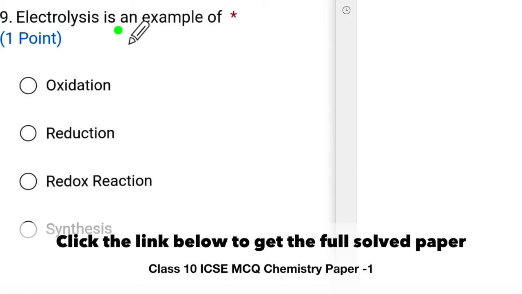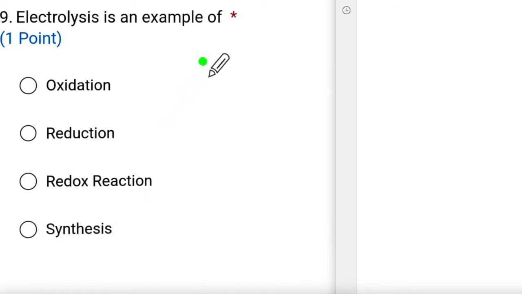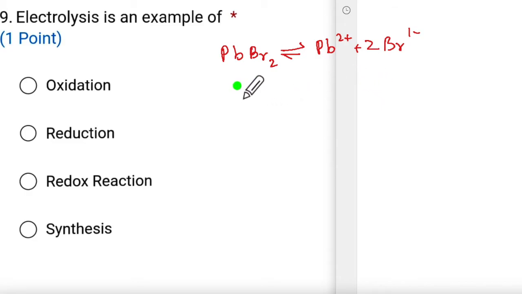Question 9. Electrolysis is an example of oxidation, reduction, redox reaction, synthesis. Now let us take one simple example. Let us take PbBr2. PbBr2, you know, it dissociates into Pb2+ and 2Br-, correct? Now at the cathode, Pb2+ will migrate.